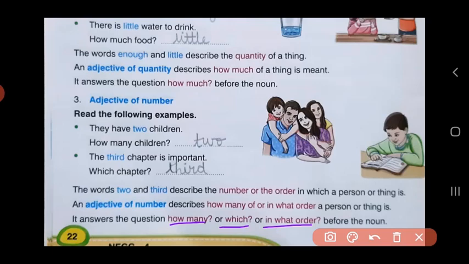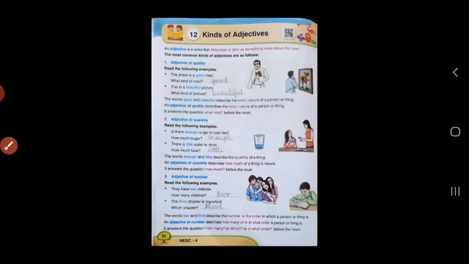And the nouns are mostly countable nouns. So these things can be counted. These were the 3 types of adjectives. Adjective of quality, adjective of quantity and adjective of number.